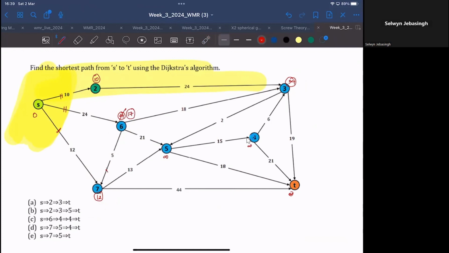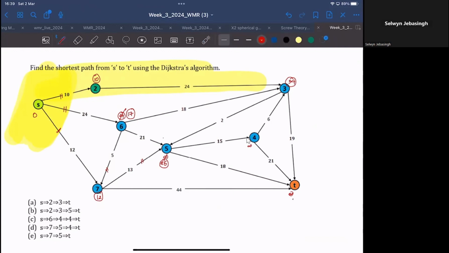So we have covered this path. And if you expand node 7 along the second neighboring path towards node 5, that will be 12 plus 13, that will be 25. So you can replace this infinity by 25. So you have covered this node as well. Then if you expand node 7 along node T, that will be 12 plus 44, that will be 56.